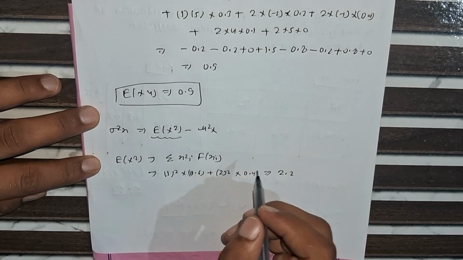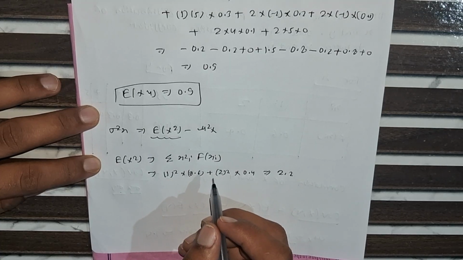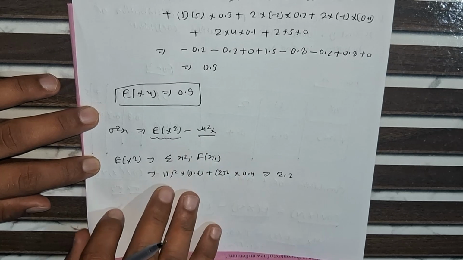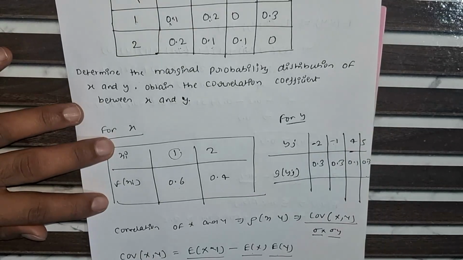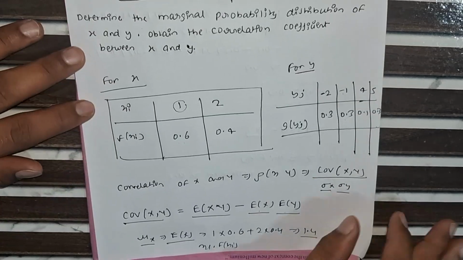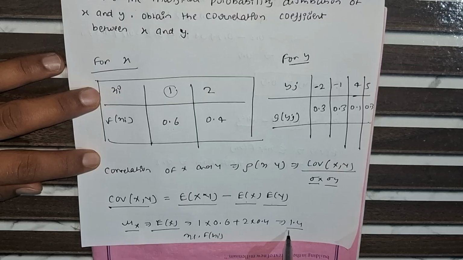So now, what is the value of mu square x? We already found mu of x, which is equal to 1.4. So what is the value of mu square x?